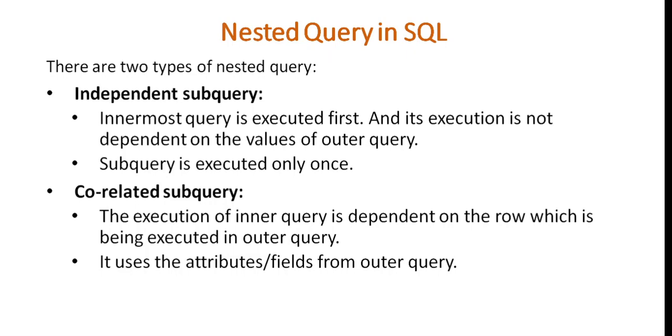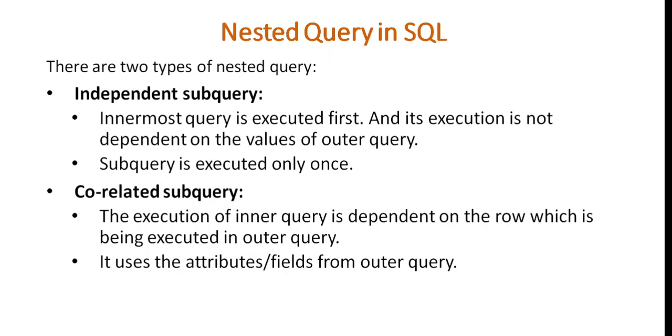In a correlated subquery, the subquery uses the attributes or fields from the outer query. Some of the attributes we have listed for selection in the outer query are used by the inner query for the execution. That's why it is called a correlated subquery.